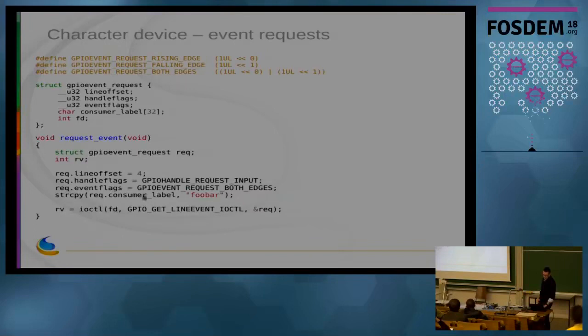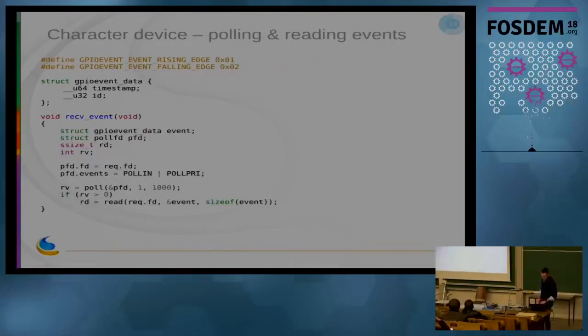Once you have set this structure, you just run your ioctl. And again, the file descriptor is set by the kernel. Once you have it, you can start polling for events, which is pretty straightforward, just a regular poll for incoming events.